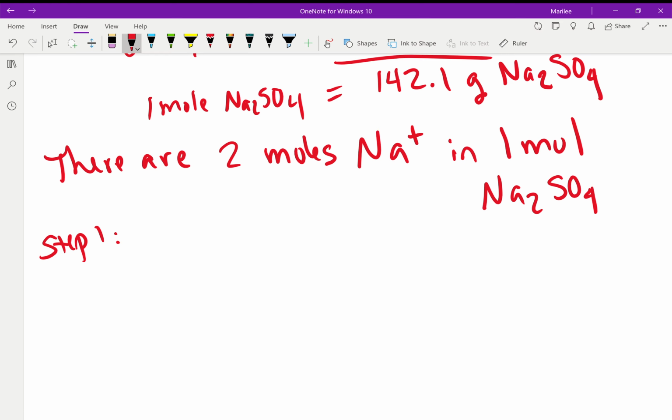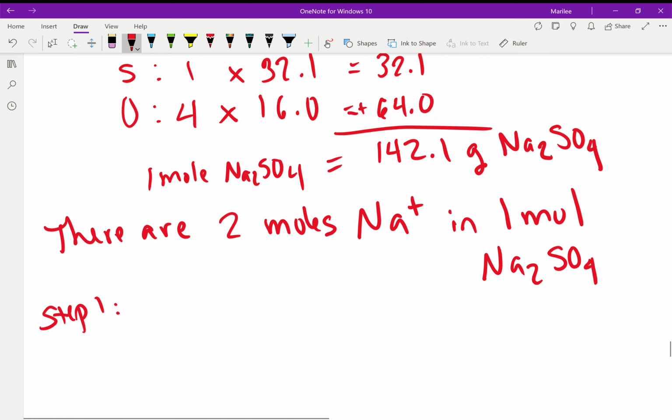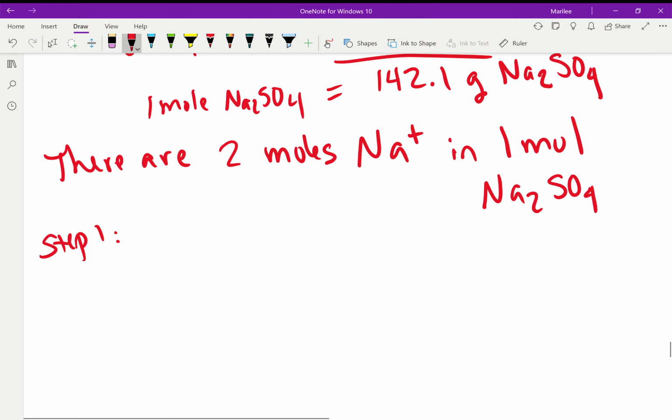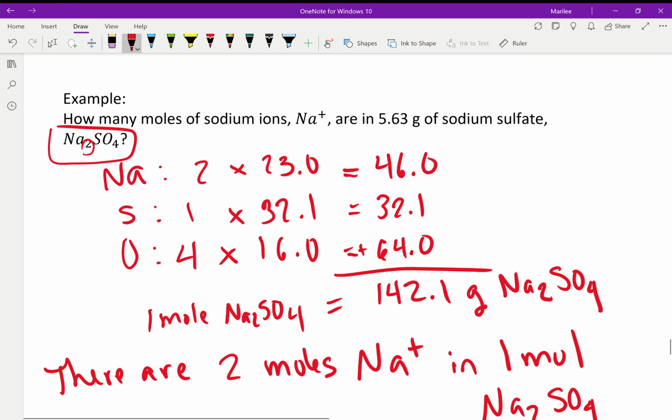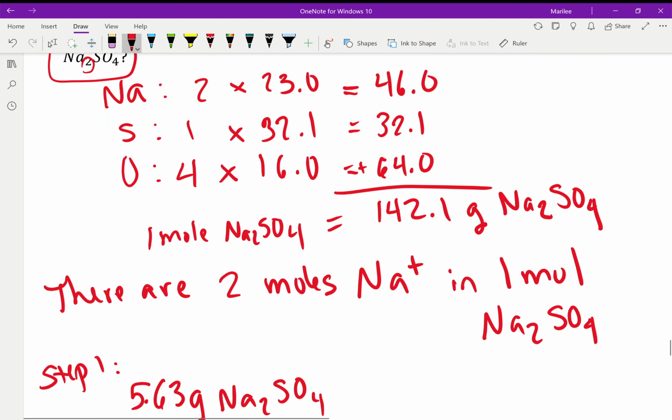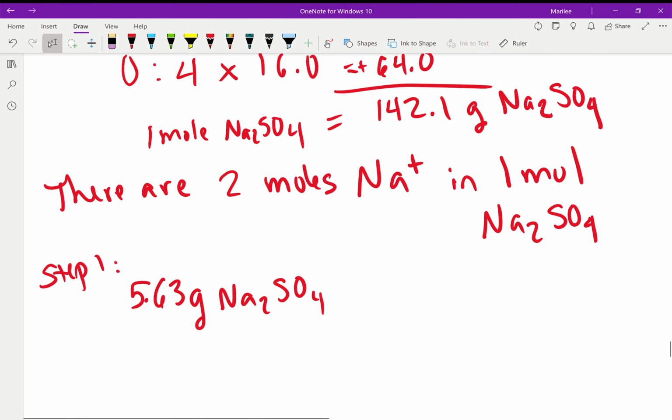sample. How do we do that? So we were given 5.63 grams of our sodium sulfate.